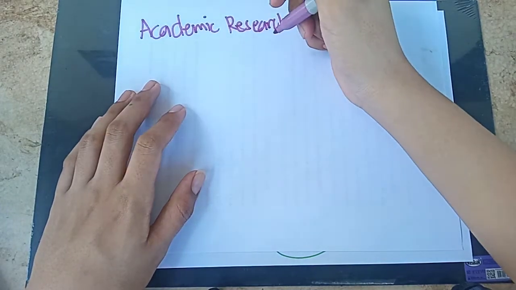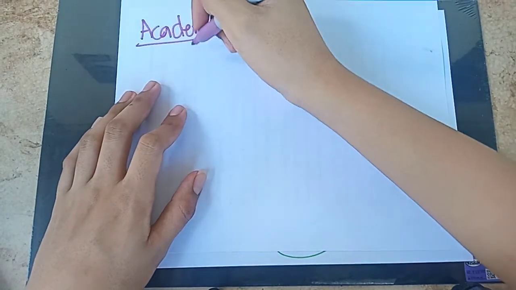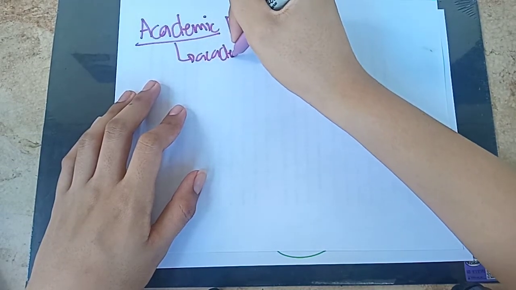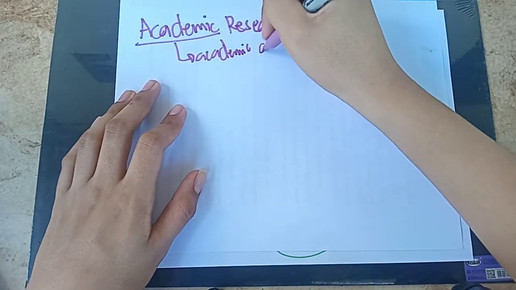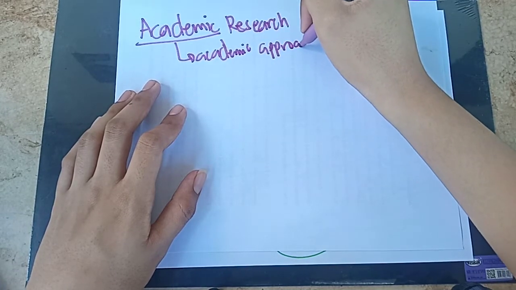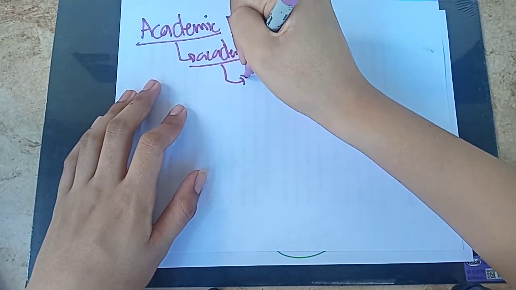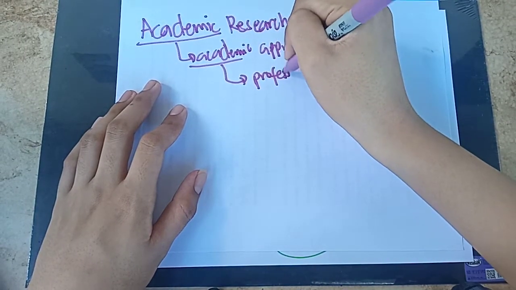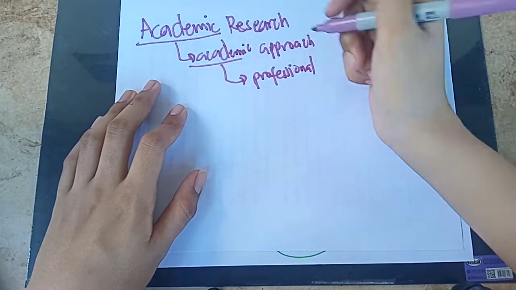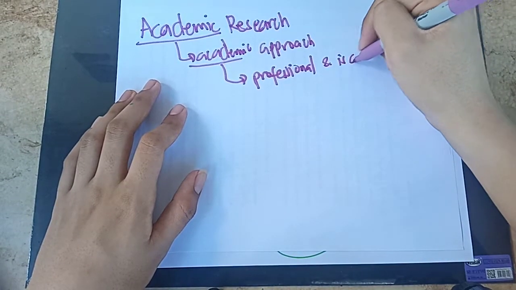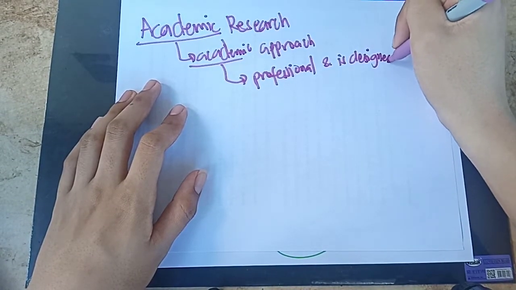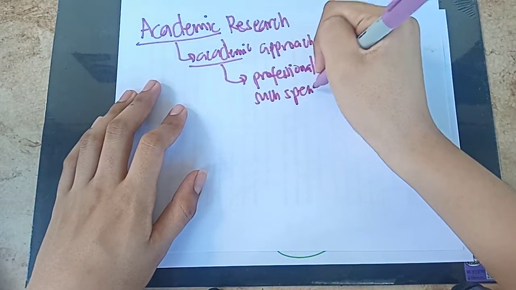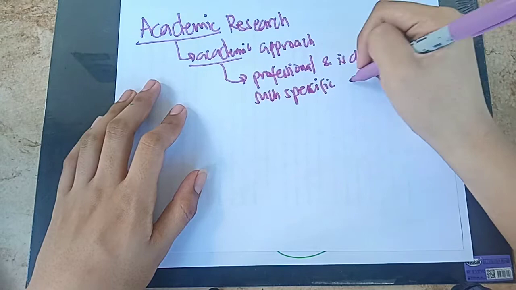Academic research, from the name itself, involves an academic approach. When we say academic, it is more professional, and it is designed for specific disciplines.